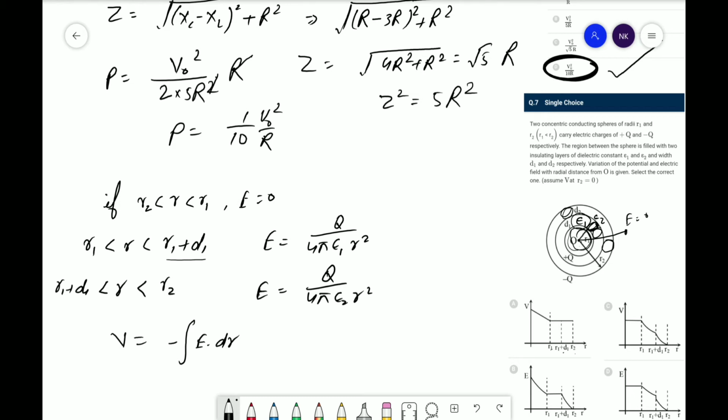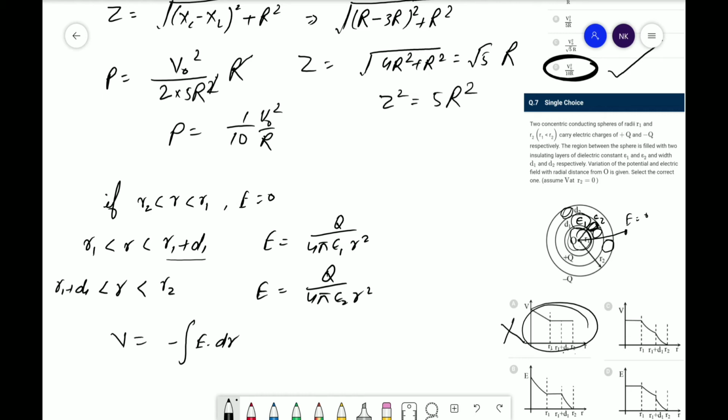Here two insulating layers, epsilon 1 and epsilon 2, are given. If we increase the distance, the electric potential must decrease, but here the electric potential is constant, so the first option is wrong.